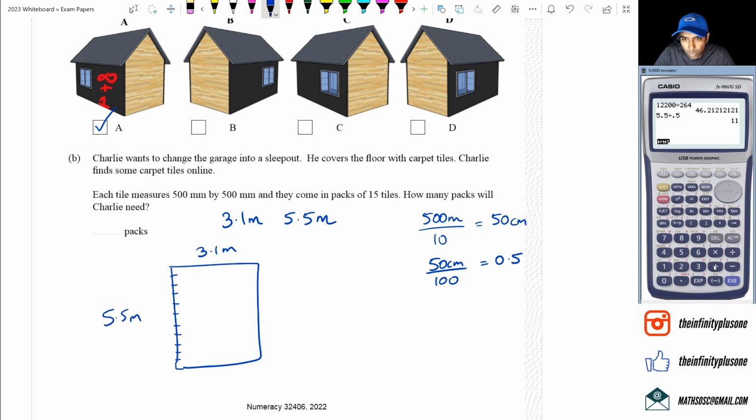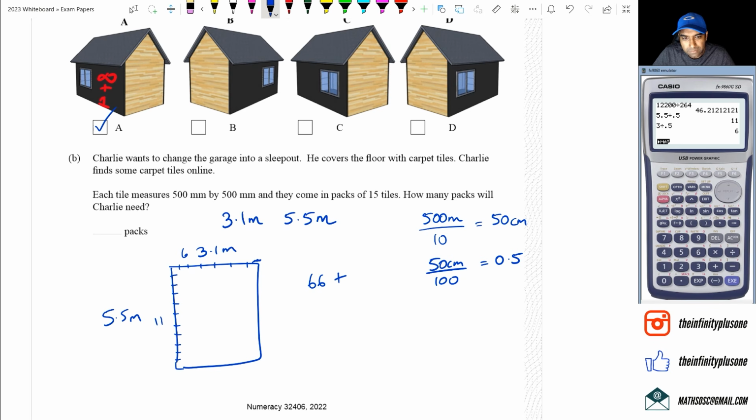And then 3.1, so I'm going to go 3 divided by 0.5, which gives me 6. So 1, 2, 3, 4, 5, 6. And then there's this extra space there for that 0.1 meters. So I've got 11 here and 6. I've got 66 plus tiles.